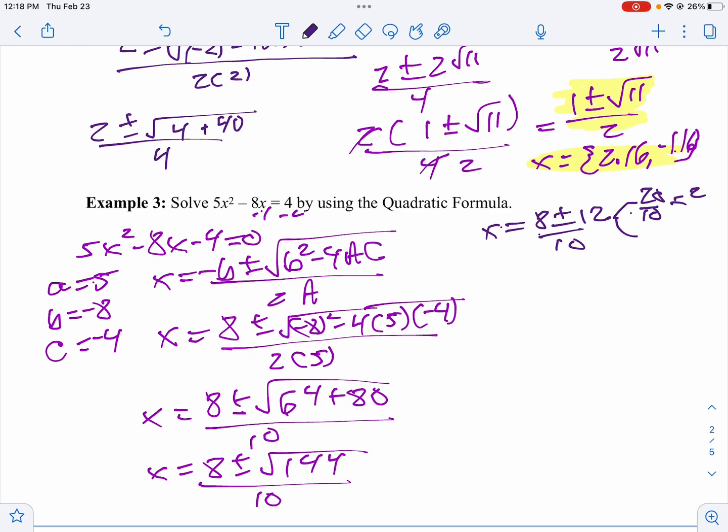Well, that's 2. 8 minus 12 is negative 4 all over 10. Gives me negative 2/5. So x equals 2. Let me put the braces in there. 2 and negative 2/5. And there's your answer for that one.